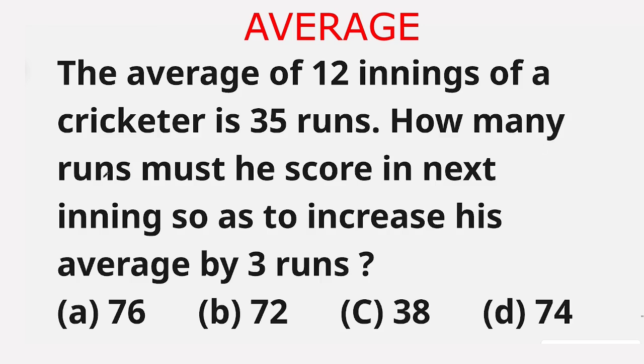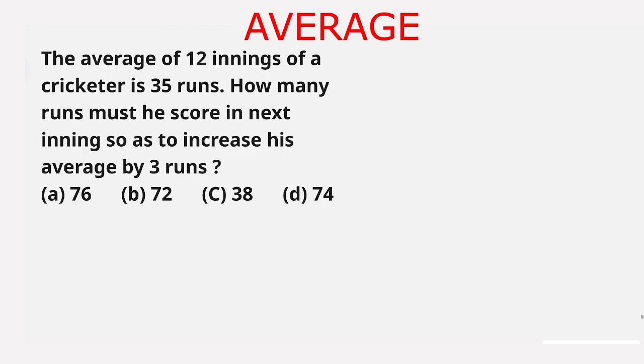How many runs must he score in next inning so as to increase his average by 3 runs? The given options are option A 76, option B 72, option C 38, option D 74.